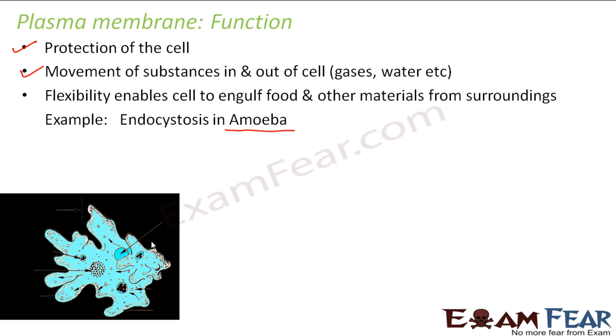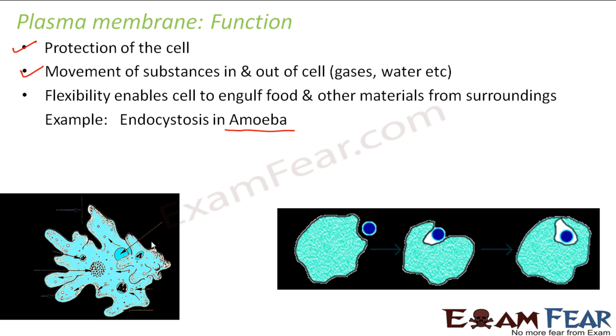Now, how does this flexibility help amoeba to engulf or intake food? Look at this example. This process of engulfing food with the flexibility of the plasma membrane is known as endocytosis. So what happens in this process? Let us suppose this is the amoeba, and this blue colored object is some food material. Now this amoeba will change its shape in this fashion.